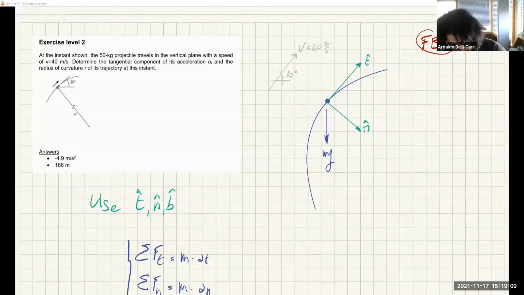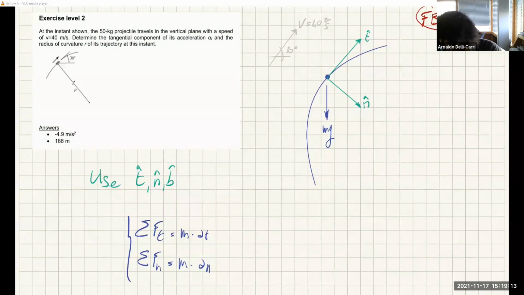Of course, this mg here, let's write it down here. This is mg. This force mg has a component along n and a component along t.